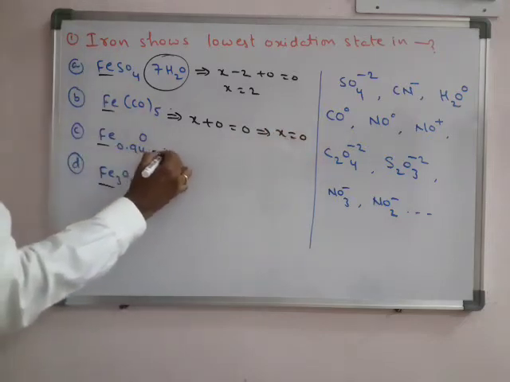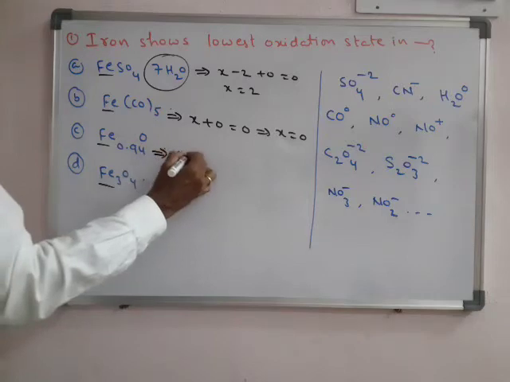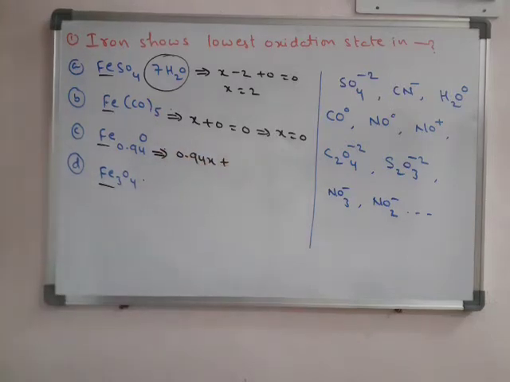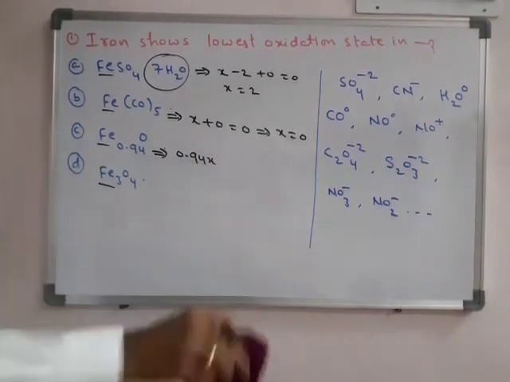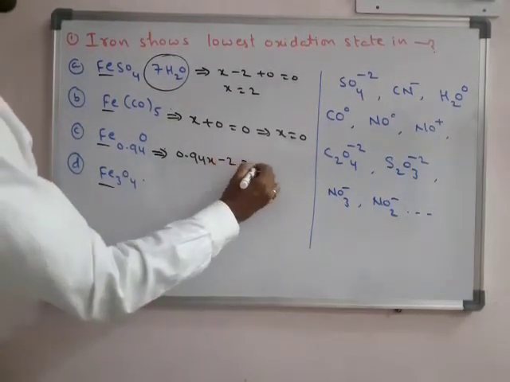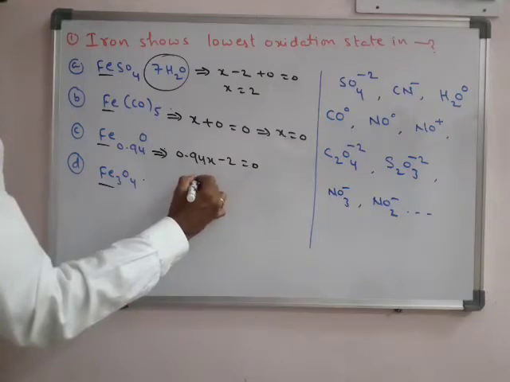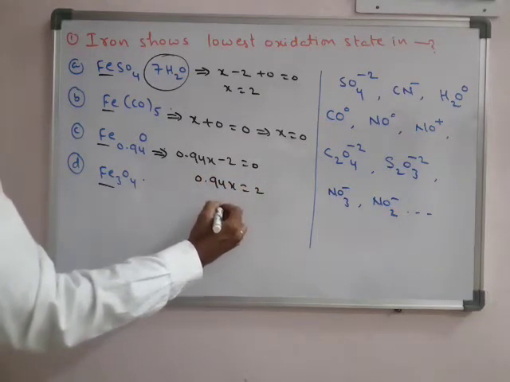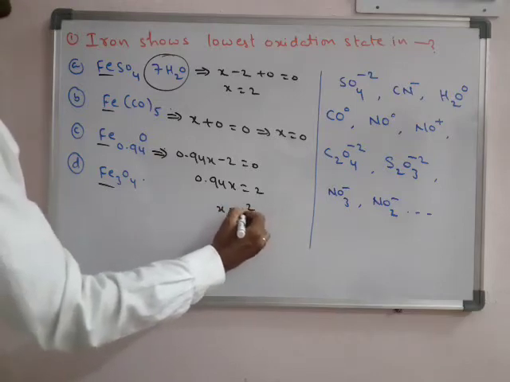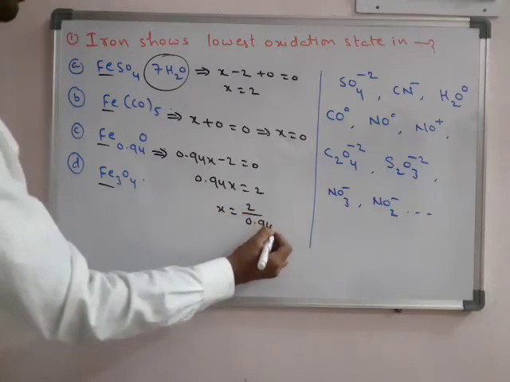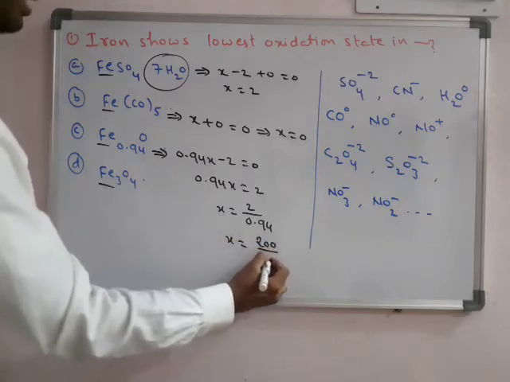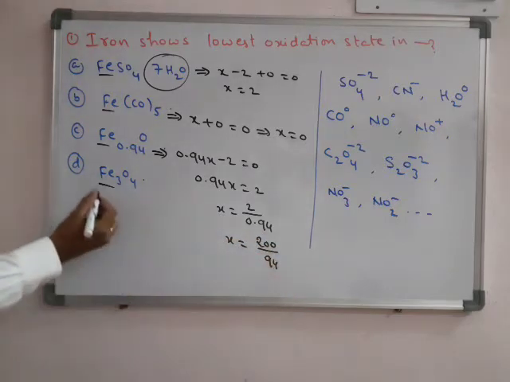What is this? 0.94x. For oxygen, it is -2, oxide. So 0.94x equals 2, x equals 2 by 0.94, or we can write x equals 200 by 94.